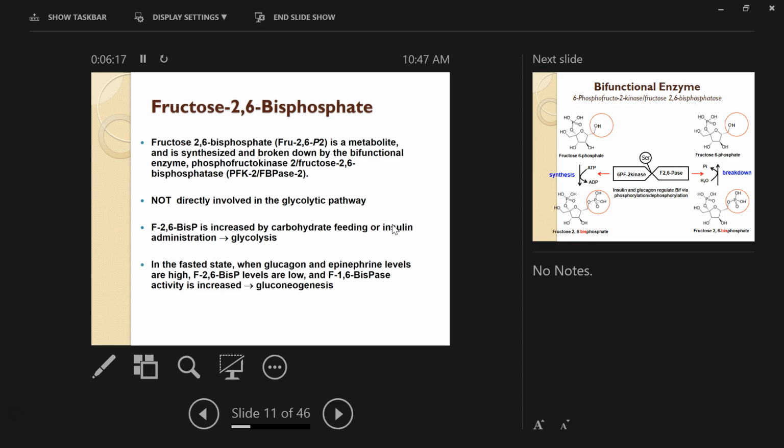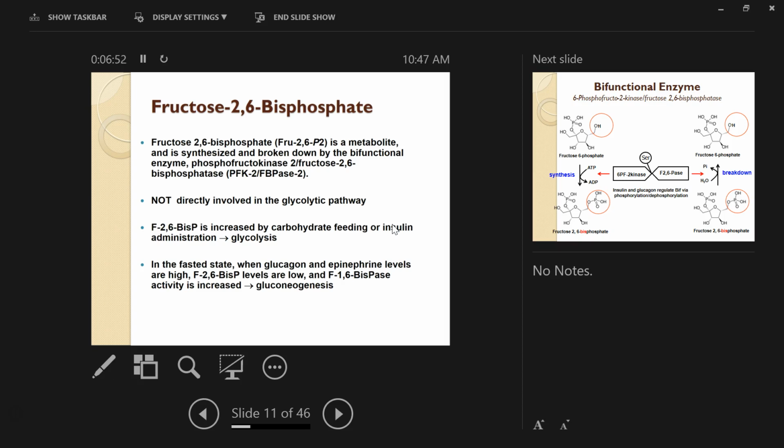This intermediate's concentration can be increased or decreased, in other words regulated, by insulin or glucagon levels through regulating the bifunctional enzyme. In the fed condition, glucagon levels are decreased.